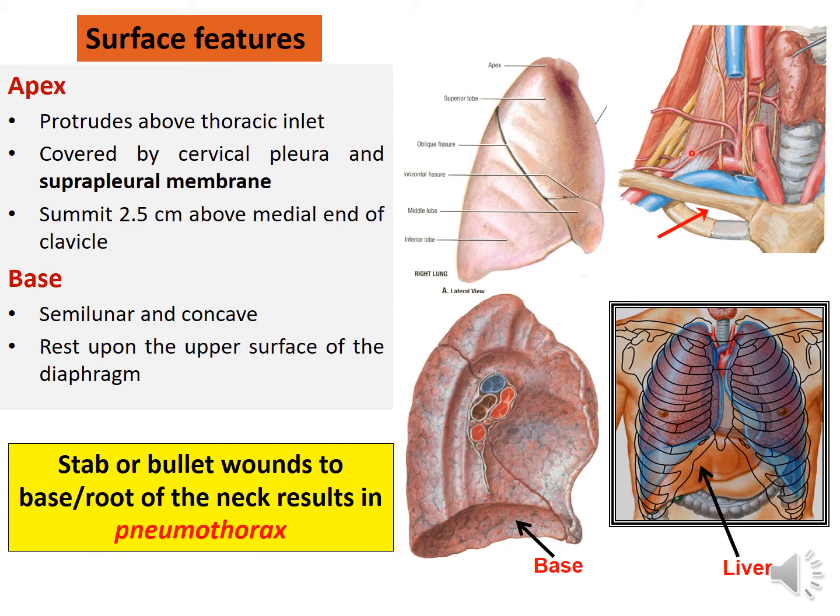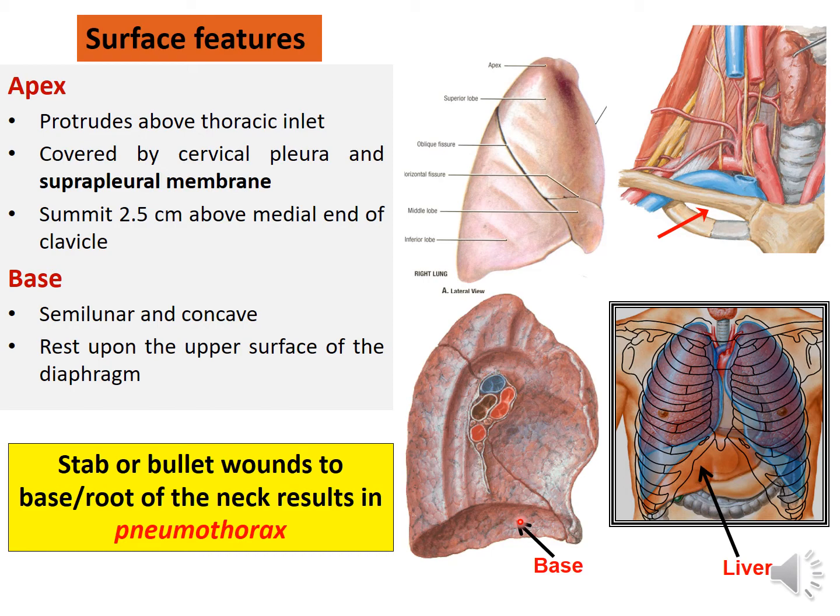Hope you understood. Here you can see the thoracic inlet, which is bounded by the first rib. So the apex is protruding above the level of thoracic inlet. Base, you can see here, it is semilunar and concave, and it is lying on the upper surface of the diaphragm.